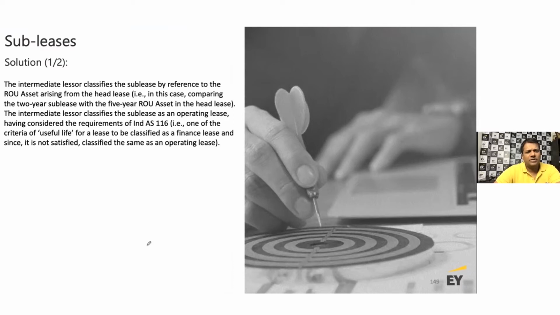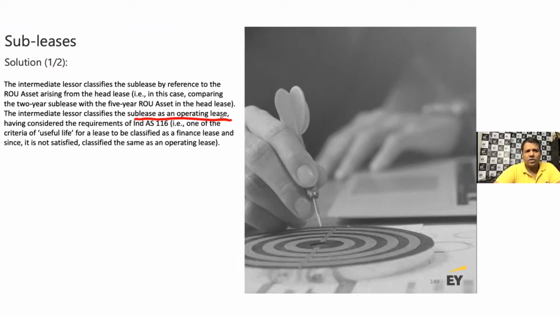The intermediate lessor classifies the sublease by reference to the ROU asset arising from the head lease, okay? The intermediate lessor will classify the sublease as an operating lease, having considered the requirement of Ind AS 116, that is one of the criteria, useful life, for a lease to be classified as a finance lease.